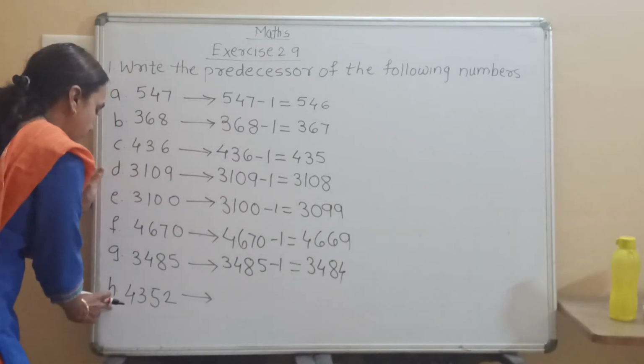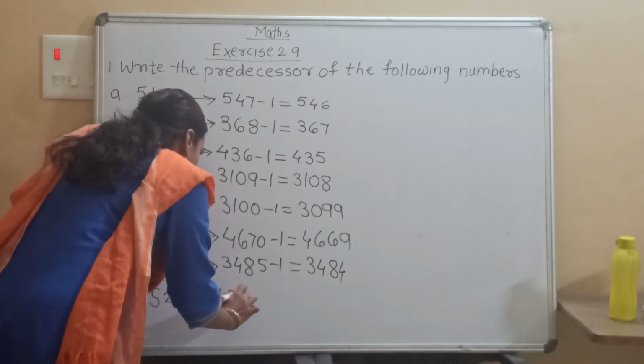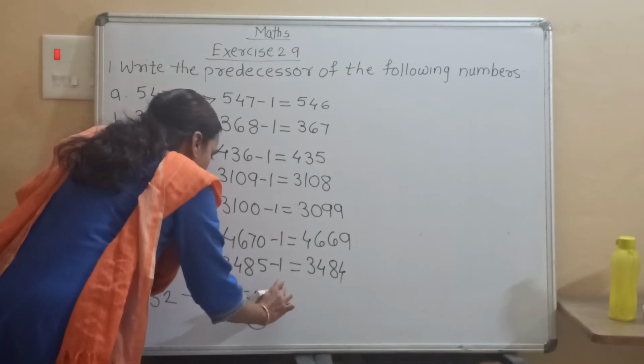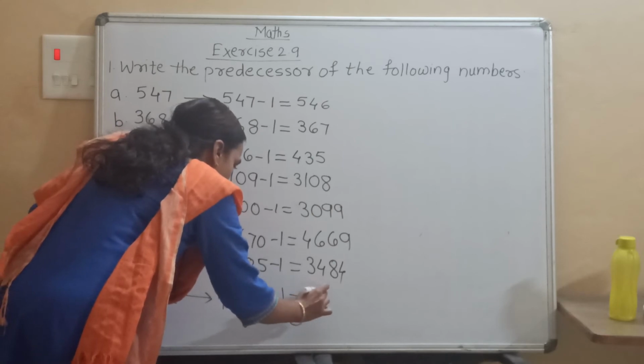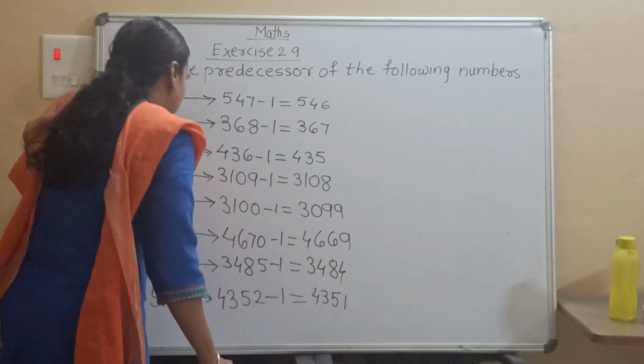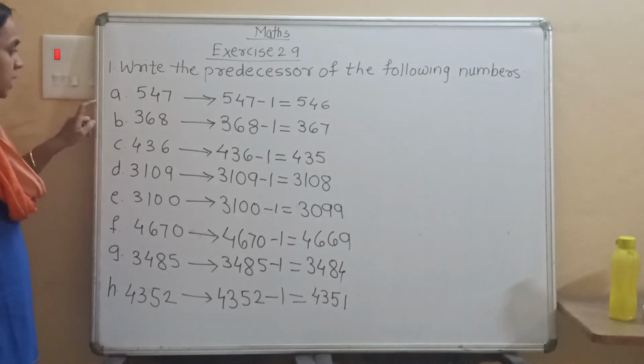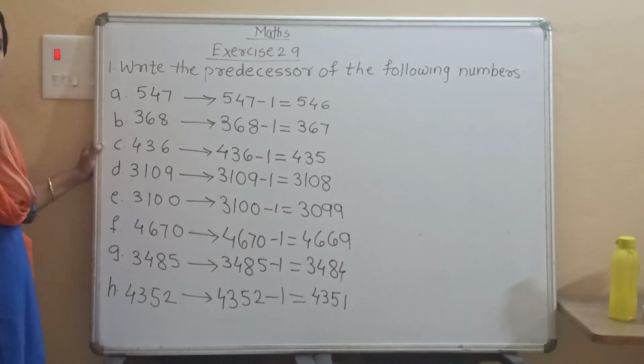Okay. Now H is what? 4352. 4352 minus 1 equal to 4351. Okay. So in this way, this question you have to write down in your notebook.